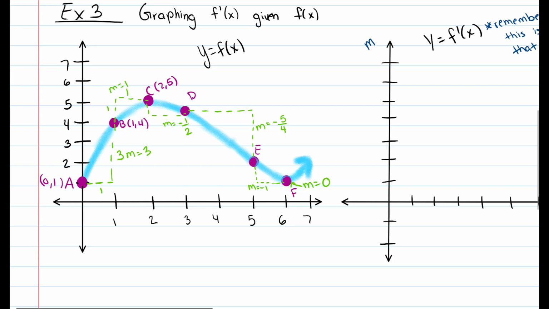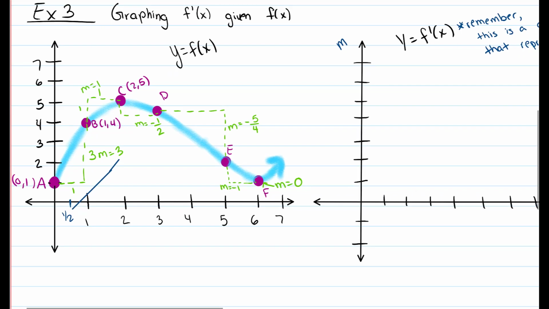And so what we're going to do here is use our average slope. The average between 0 and 1 is going to be 1/2. So at 1/2, I have a slope of 3. Then I plot the point (1/2, 3).